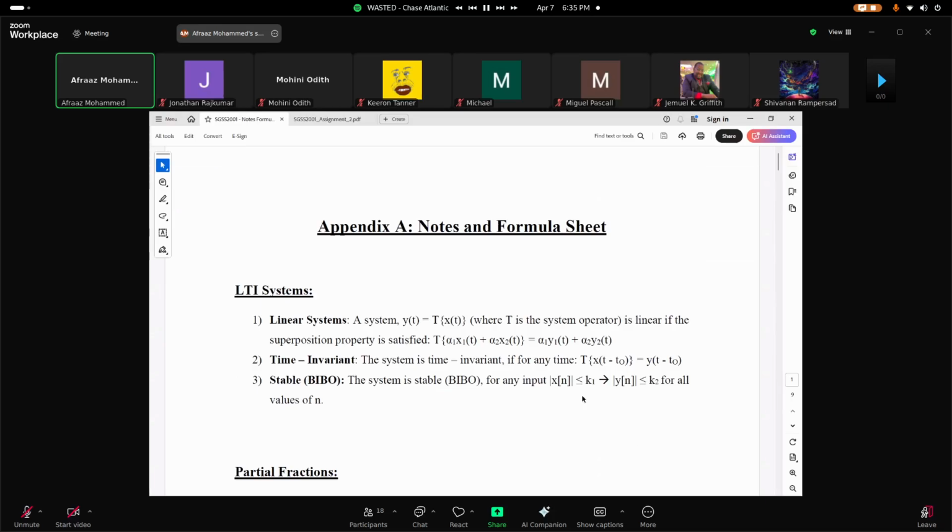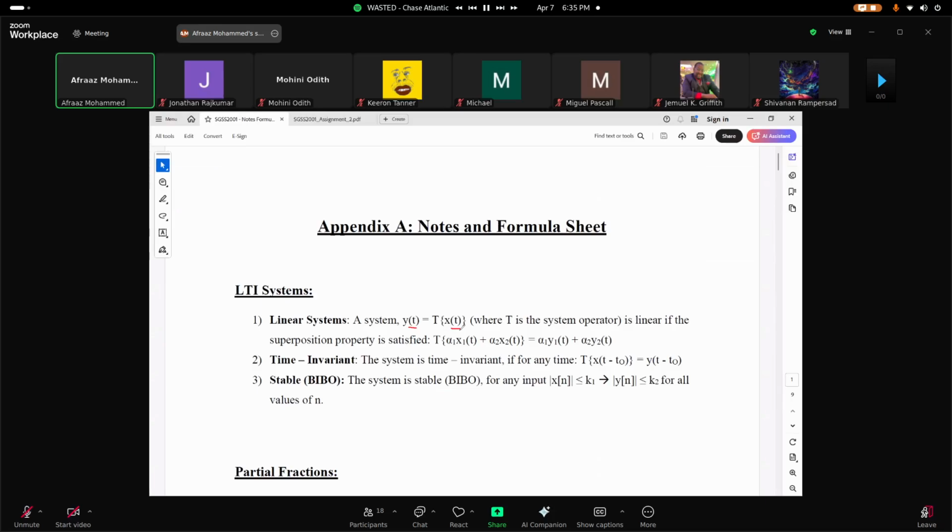Now remember, this is a general formula sheet, so you have to apply it to your specific question. For example, if you look at the superposition property here, you notice it is in terms of t. If you have a discrete time question, you have to modify it.